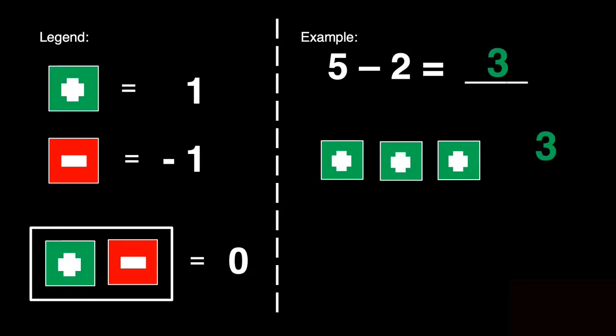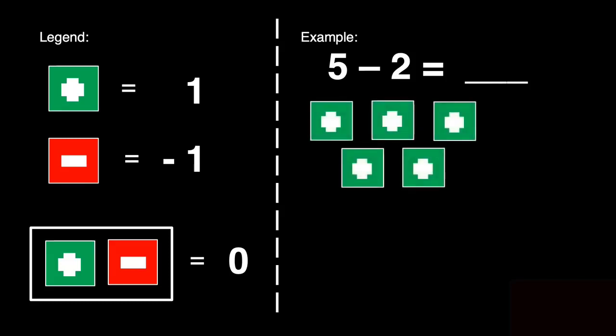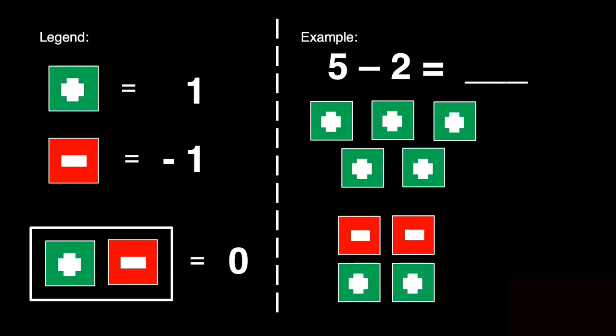Let's have 5 minus 2 again, but this time, we will use the zero pair concept. Let's represent 5 with 5 green tiles. And let's have 2 zero pairs. Minus 2 means eliminating 2 green tiles from the pairs.